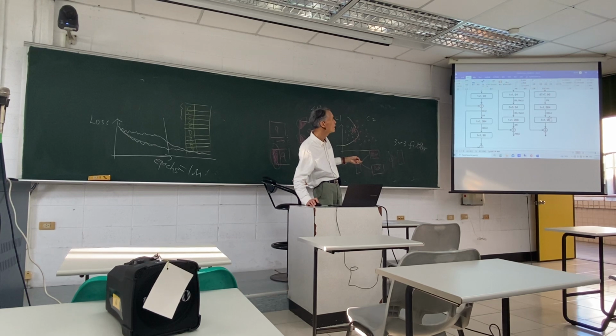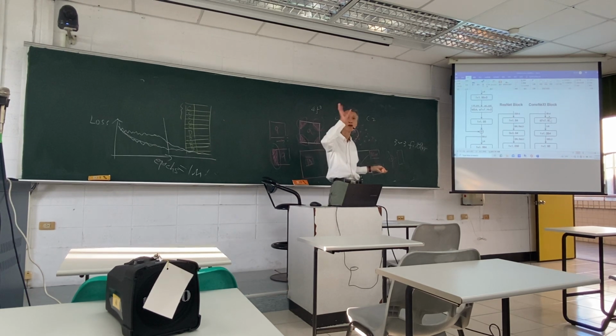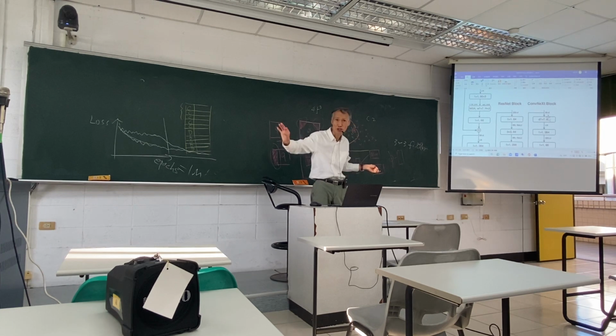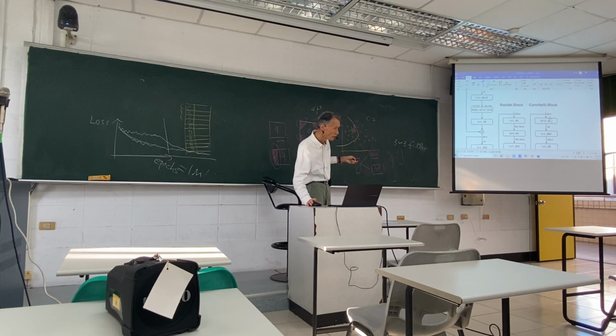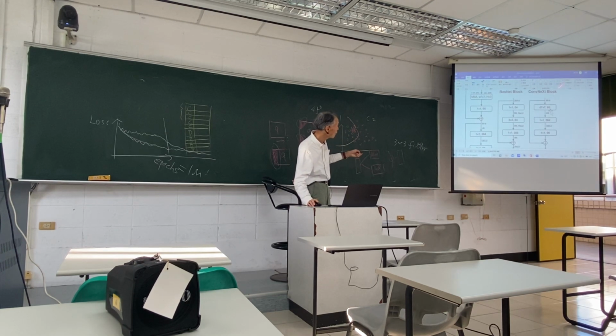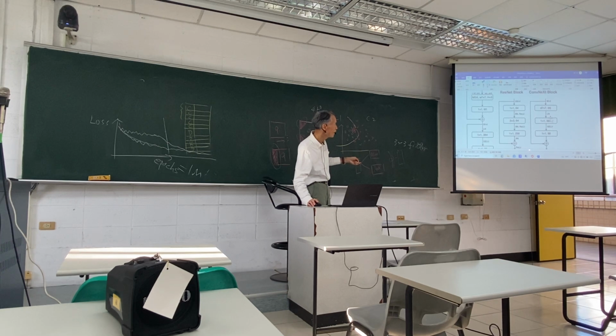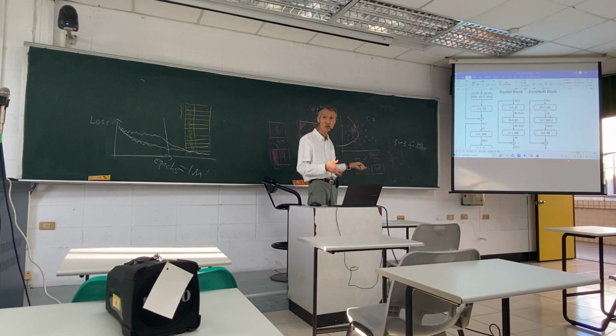Then it connects here. That's why it can go so deep. When you go deep, the gradient will vanish. But after every 2 or 3 convolutions, the original input will bypass the convolution and add up to the output one more time, so that no matter how deep it goes, you'll be fine.